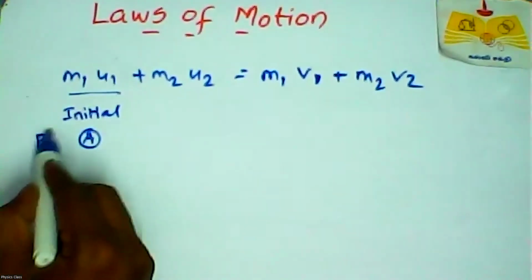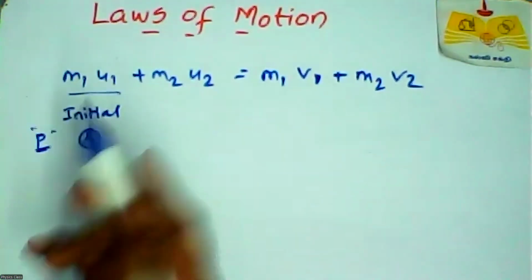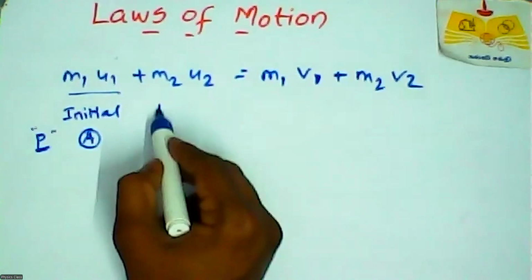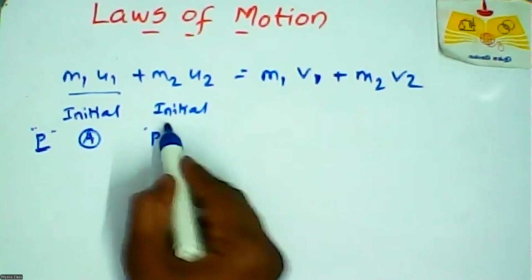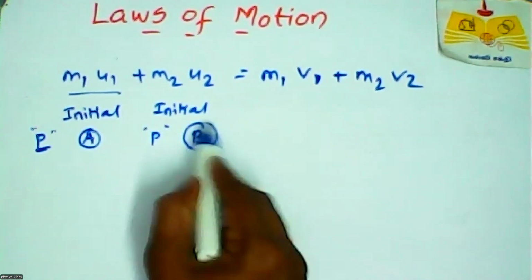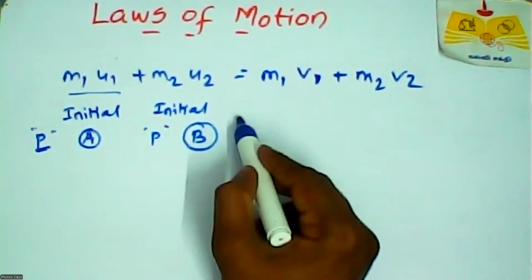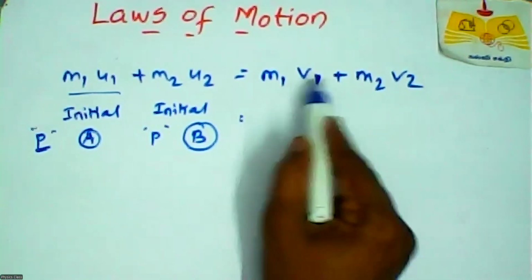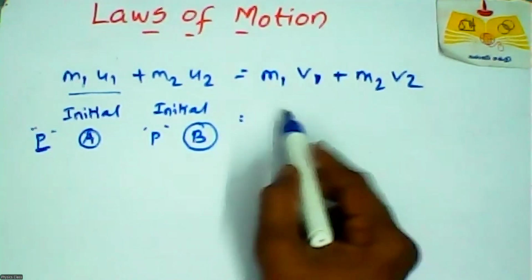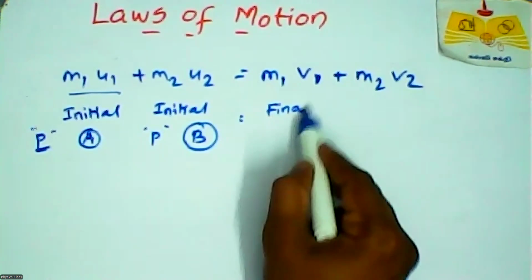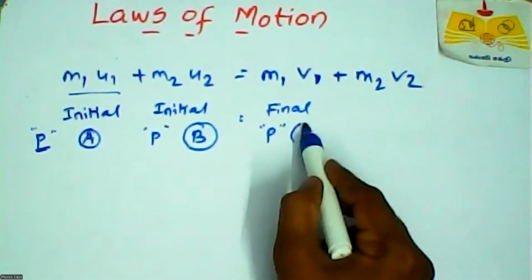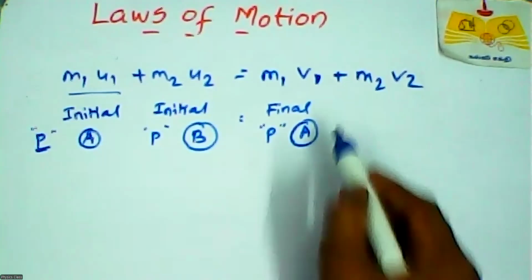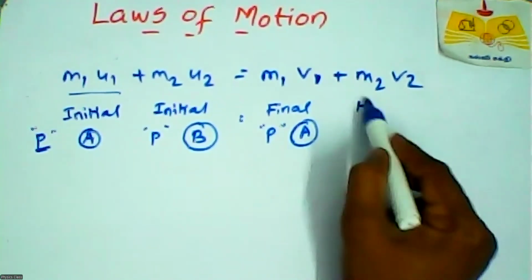So initial momentum, I can denote as P. This is the initial momentum of B. This is V1, the final velocity, so this is the final momentum of A. And this is m2 v2.